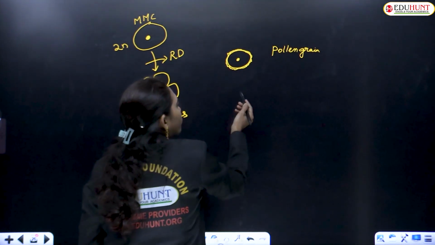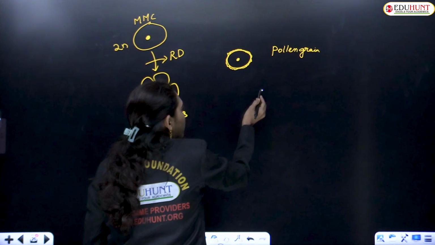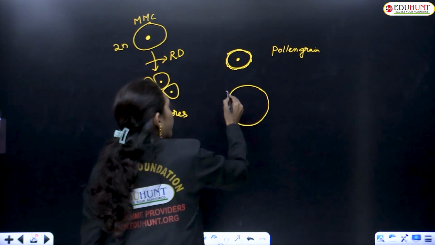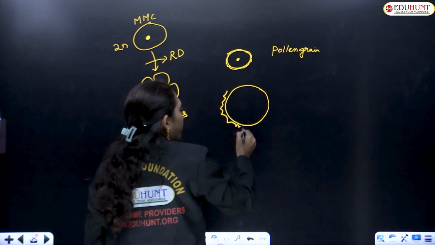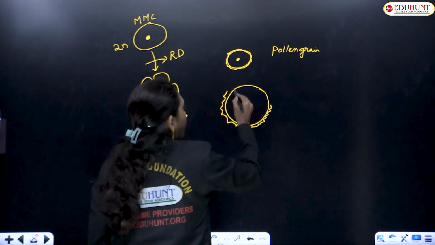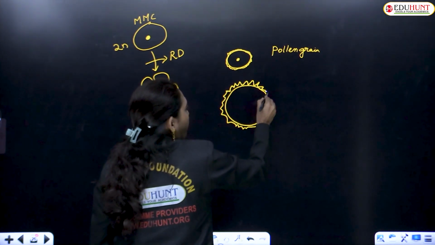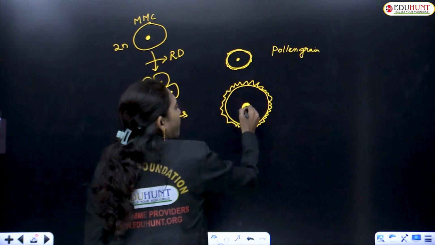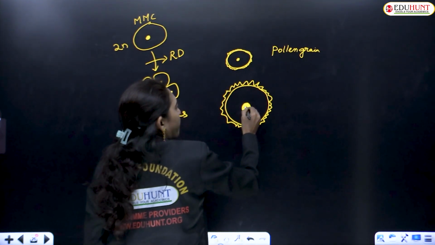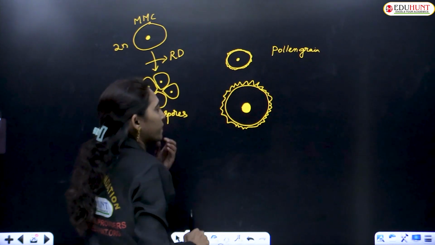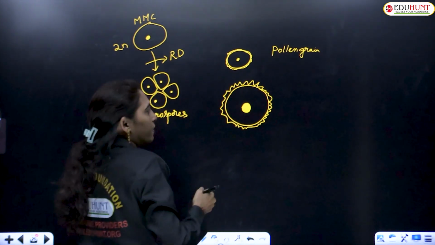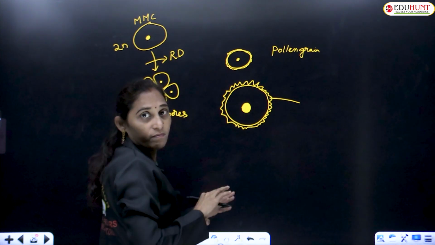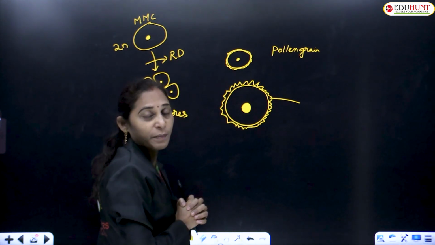Enlarged view of a pollen grain. This is the pollen grain, and the outermost layer of the pollen grain is rough and ornamented.